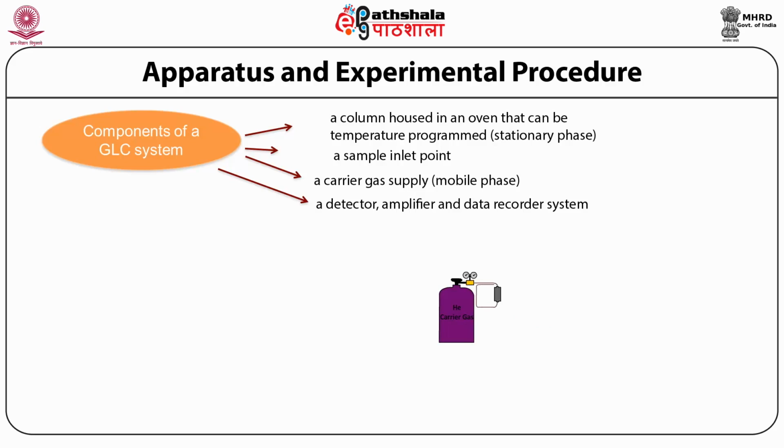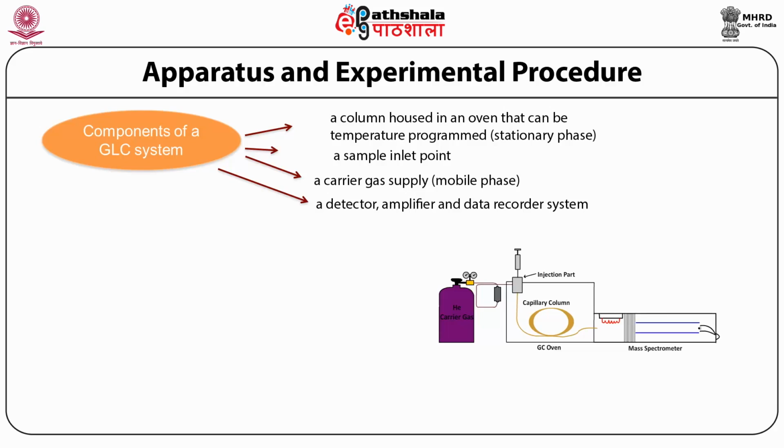These days, GLC systems are coupled to a mass spectrometer, which is the universal detector in these systems. As the eluent comes out at the end of the GC column, it goes through the mass spectrometer.